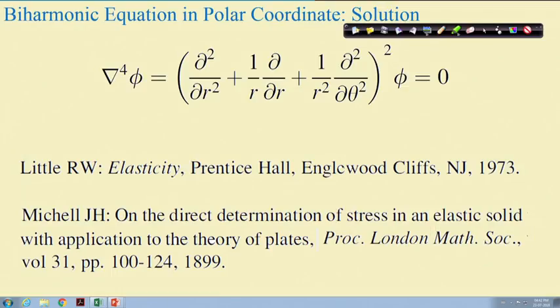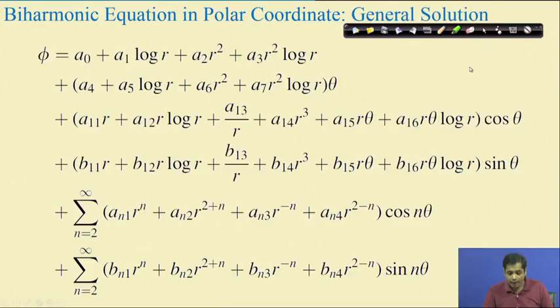Those who are interested to get insight into how the general solution of this equation is obtained, please refer to this article. Now, the general solution of phi based on the exercise given in these two articles can have a general expression like this.